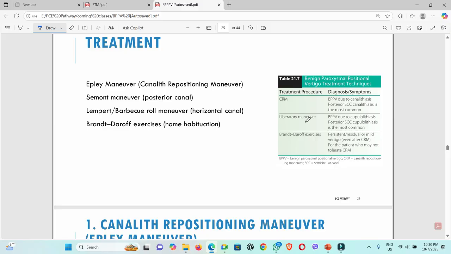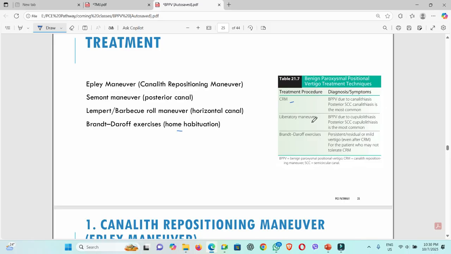Okay, Semont's maneuver for posterior canal, Lempert-Barbecue roll maneuver for horizontal canal, Brandt-Daroff exercise or home habituation exercise.